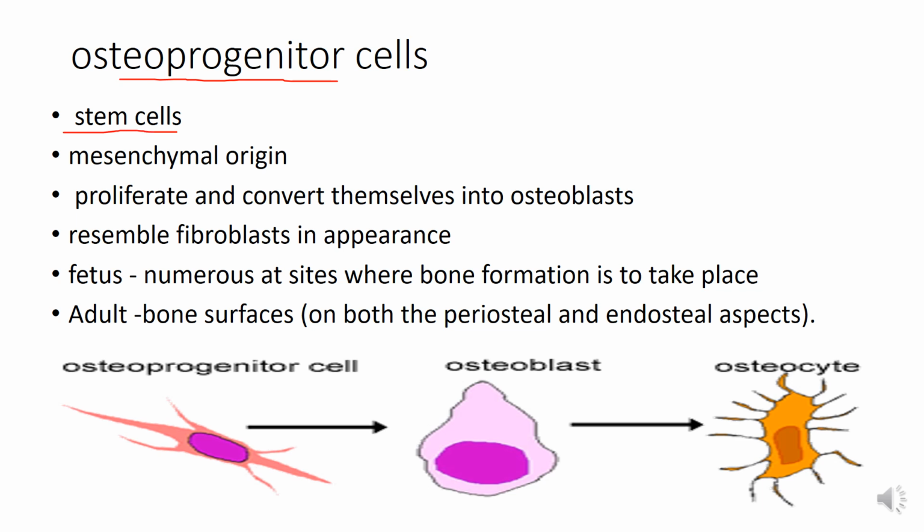They are of mesenchymal origin and they resemble fibroblast in appearance. They proliferate and convert themselves into osteoblast. In fetus, osteoprogenitor cells are found at numerous sites where bone formation is taking place. In adults, they are present on bone surfaces on both the periosteal and endosteal aspects. So osteoprogenitor cells are the stem cells which get converted into osteoblast when in need.